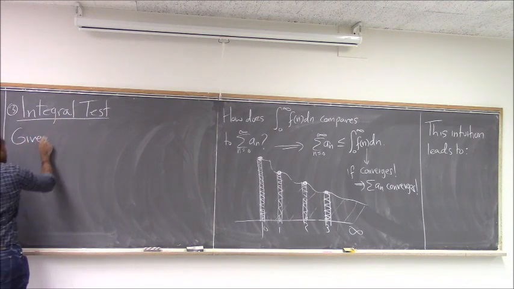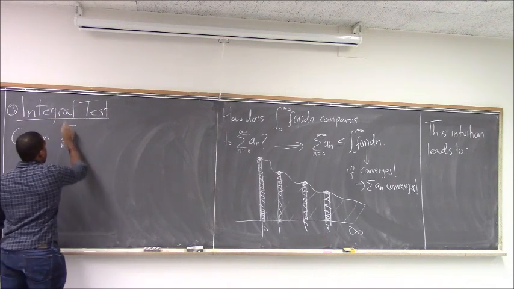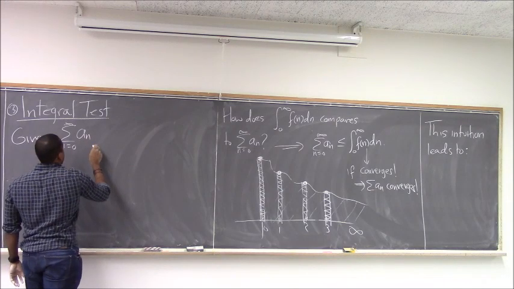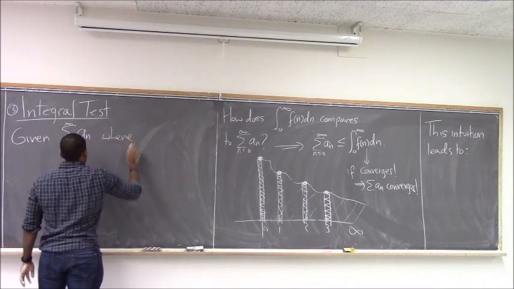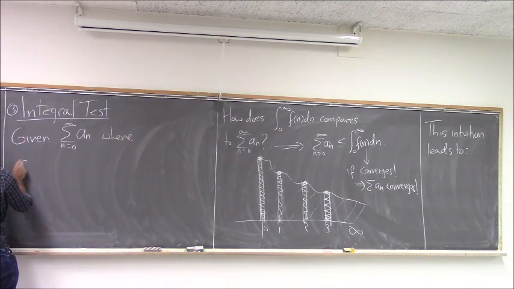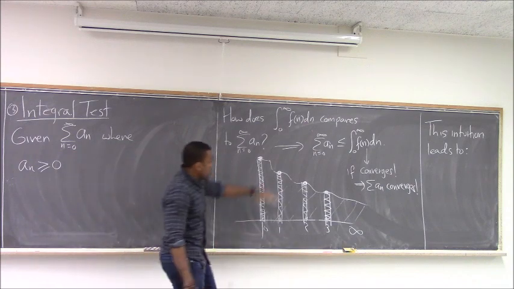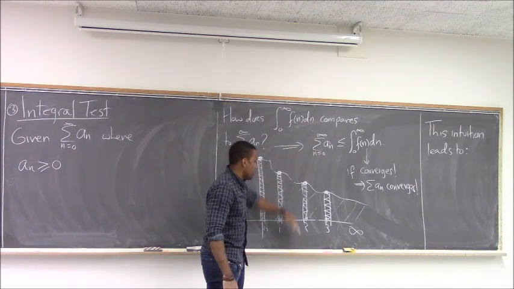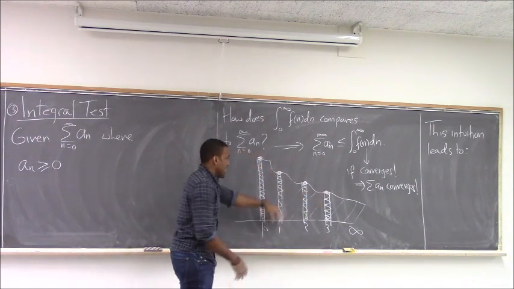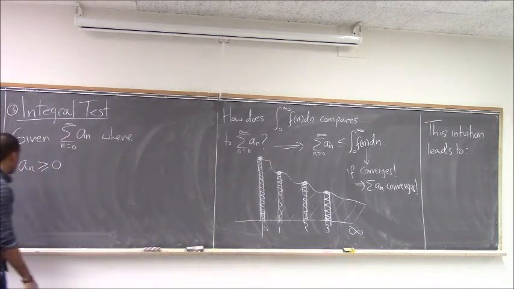Given a series where a_n is non-negative, so it's always above zero, because I don't want the improper integral to be able to dip negative and then end up canceling each other out.